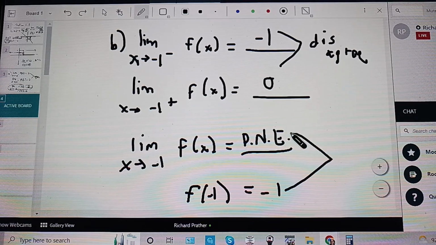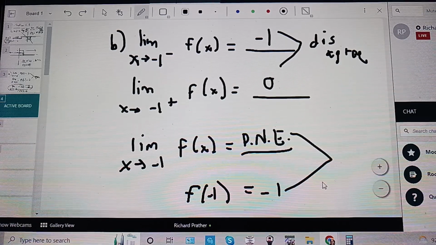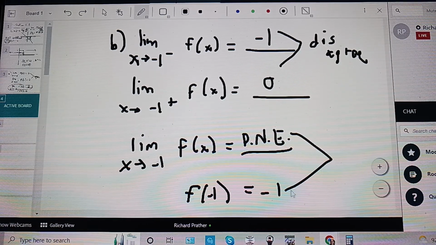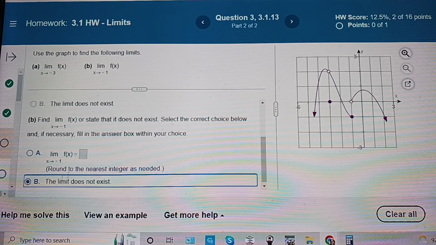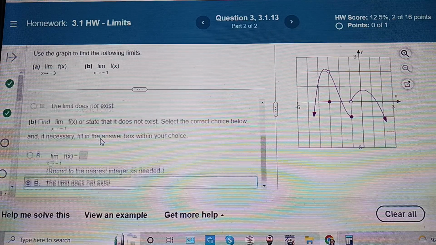And these can agree or disagree, or one can have an answer and one might not, or they both might not have an answer. So these are independent answers. We don't really need this one to do the problem, but I'm just pointing it out for now. So the limit at -1 does not exist, even though the limit at -3 did.